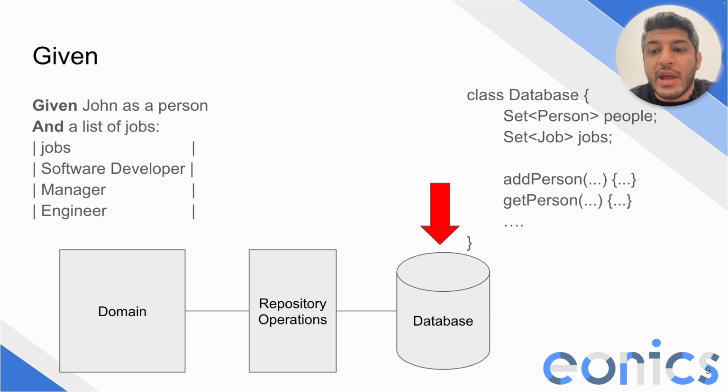We have a set of persons, a set of jobs, and operations that work on those sets, and we can use these operations in our repository operations, which in turn are used in the interfaces that the domain uses.